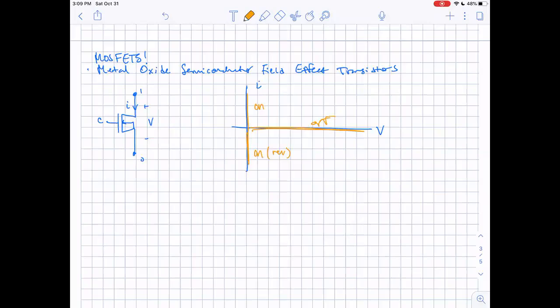Now we finally get to talk about MOSFETs. MOSFETs are metal oxide semiconductor field effect transistors, a mouthful. It's an active switch and it's controlled by a terminal C. This is normally operated as a single quadrant switch where it can conduct positive on-state current.